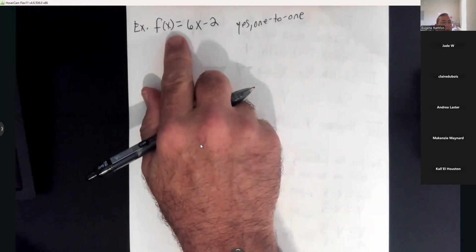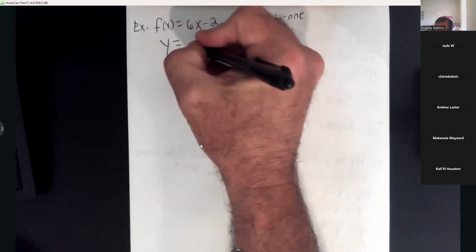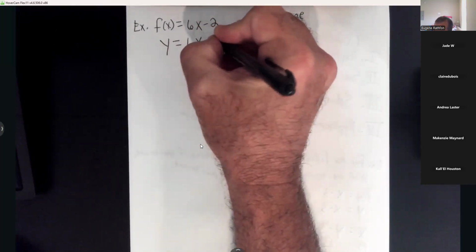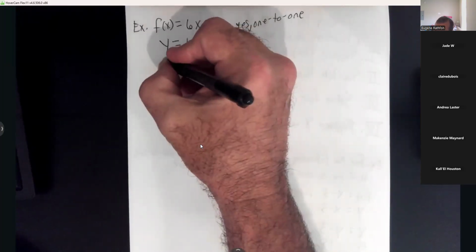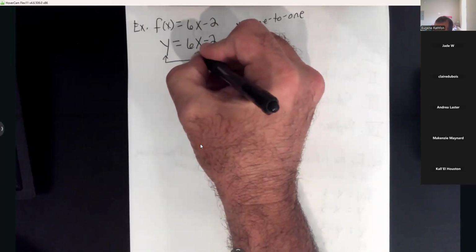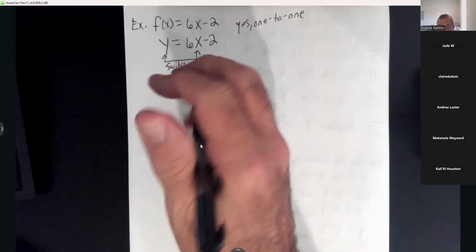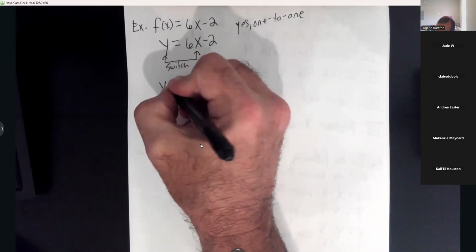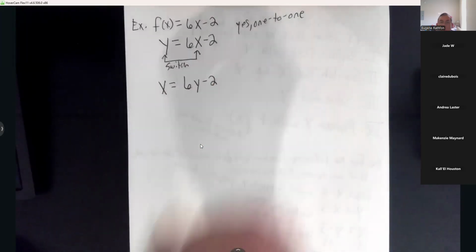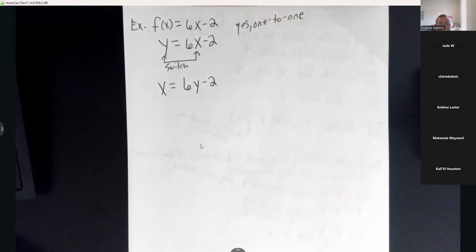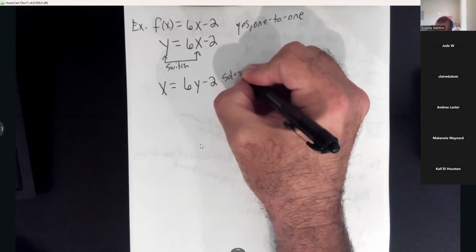So we're going to find the inverse. We're going to replace the f of x with the y. Then we're going to switch the x and y. So switch them. That's going to give you x equals 6y minus 2. All right, now we're going to solve for y.